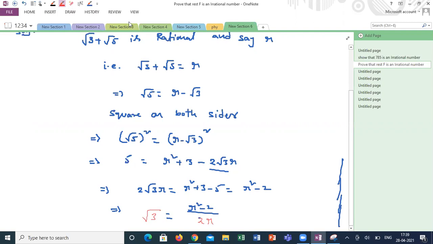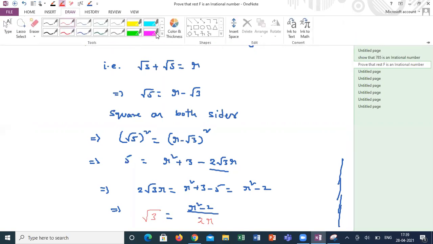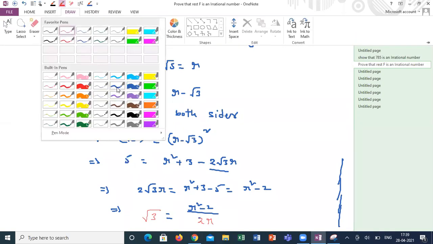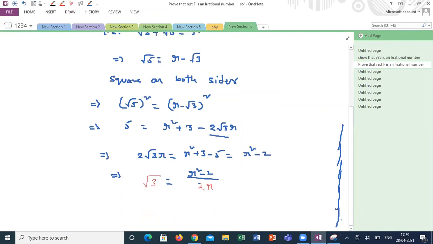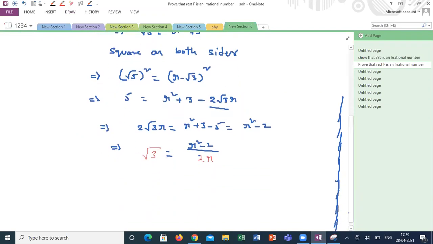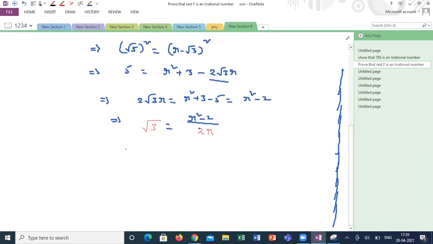So what can I conclude from here? Guys, response. How can I write here? Sir, it is irrational because root of a prime number is irrational. Yes, 3 is a prime number. If R is rational, any expression related to rational numbers is also rational.